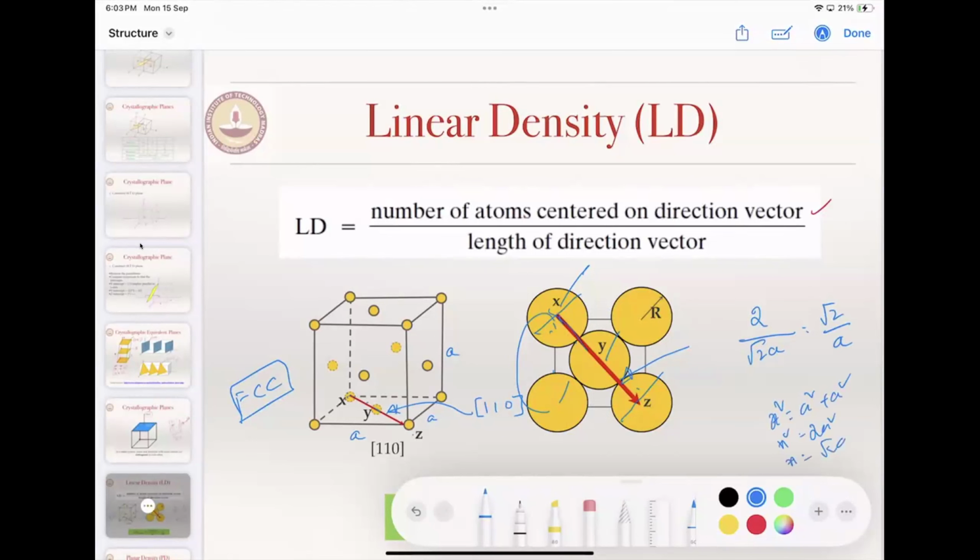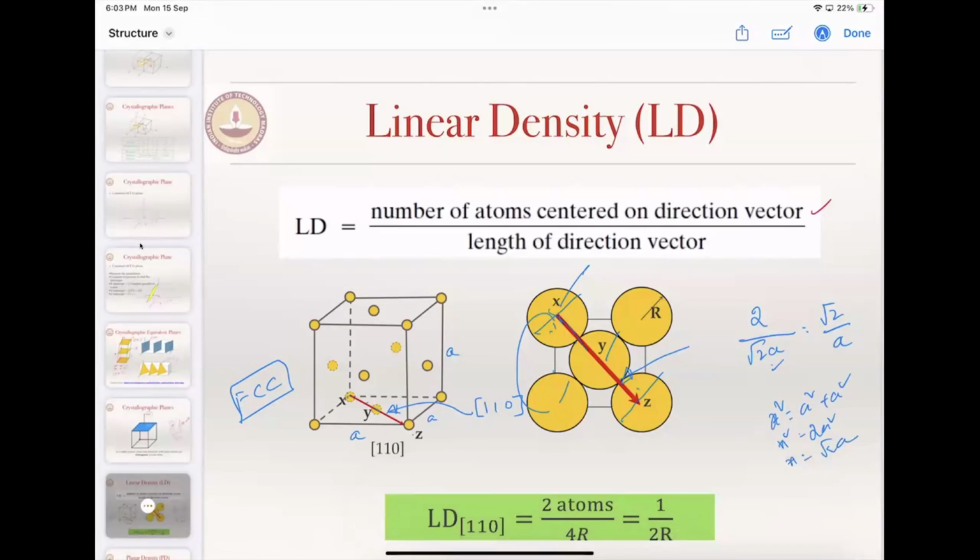X is equal to root 2 a, right? But if you are writing in terms of the radius of the atom, the diagonal is 4R, because this is 2R. So the length is 4R.